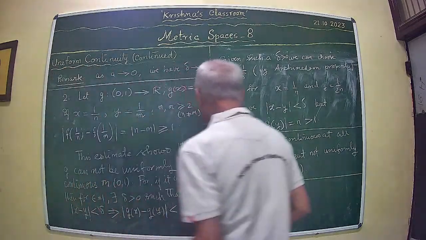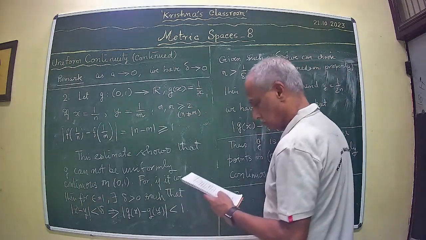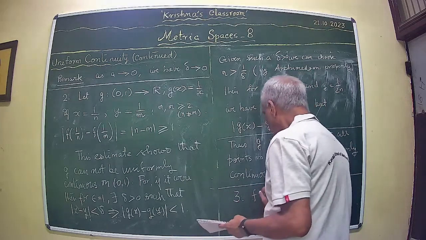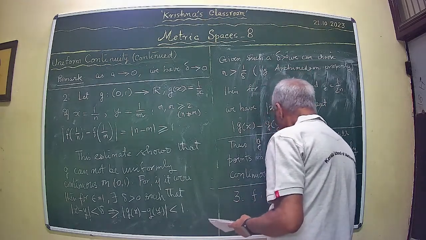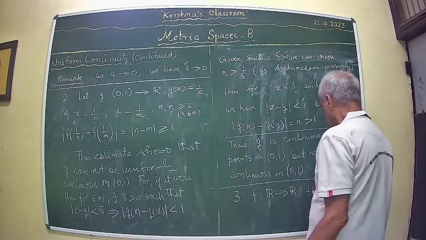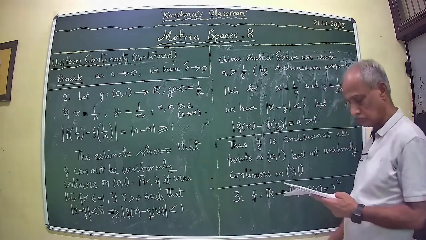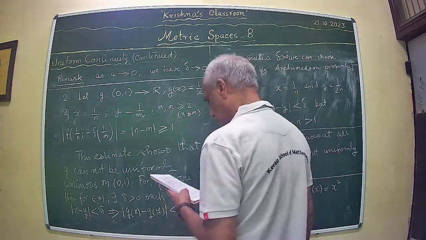Now let us do a similar example. 3. We take f from R to R, f(x) equal to x square.